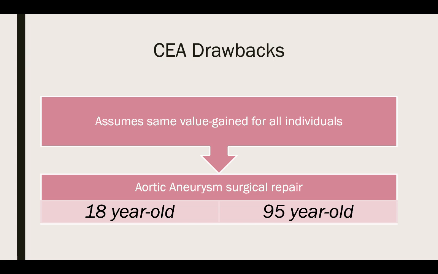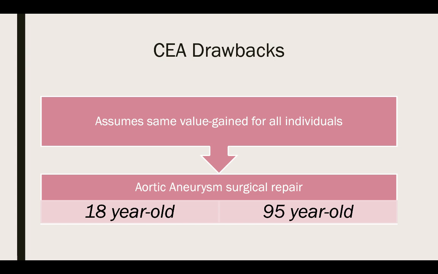The value gained from repairing that aneurysm on an 18-year-old is going to be a lot different than repairing an aneurysm on a 95-year-old. We're still going to potentially save a life, but the value gained from that 18-year-old is going to be much higher than the value gained from that 95-year-old.